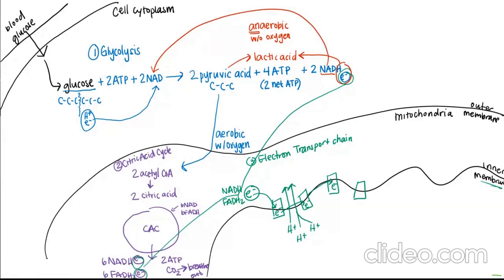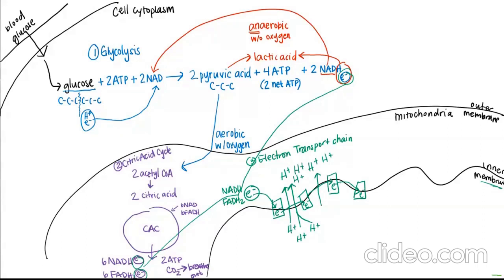So the energy essentially is transferred from the electrons falling down the chain to these protons being pumped against their concentration gradient to what we call the intermembrane space. So it's between the outer and the inner membrane. So all these protons are accumulating now in this space as the electrons go down the chain.